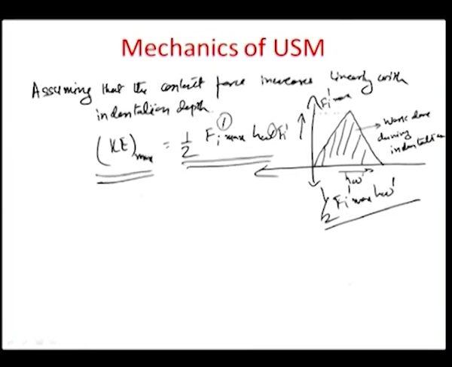Therefore, we can easily find out sigma W, which is also the hardness of the workpiece. These are all flow stresses. It is related to the maximum force at the instant when the indentation had gone maximum, so Fi dash max per unit area.